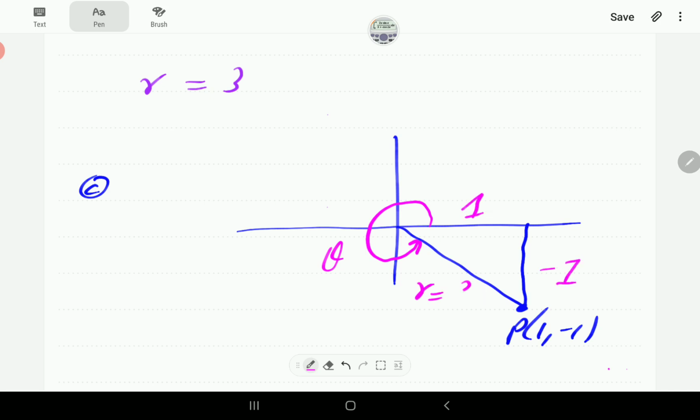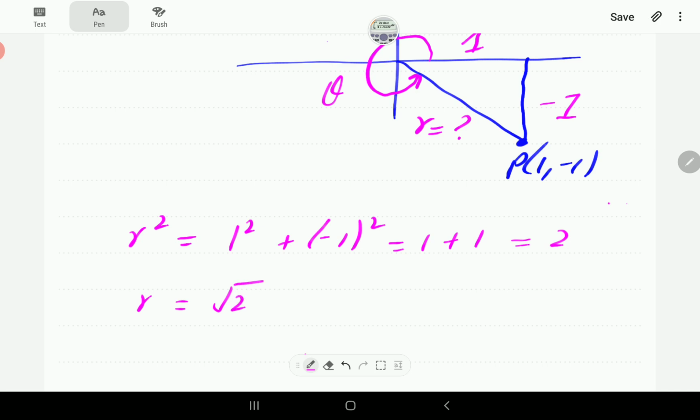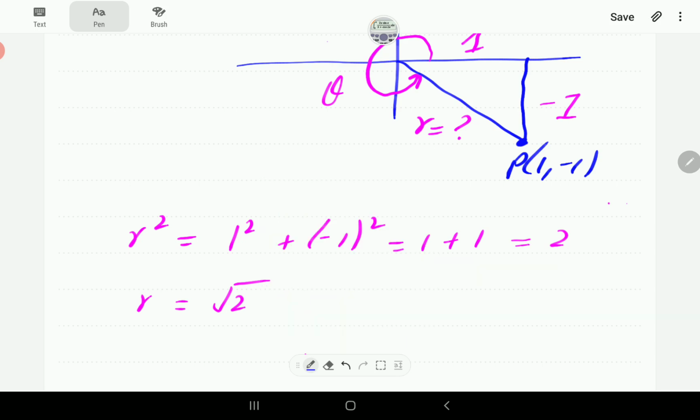We need to find r. Again, by Pythagoras, r squared is 1 squared plus negative 1 squared. So 1 plus 1 is 2. If r squared is 2, r is square root 2. So the hypotenuse is square root 2.